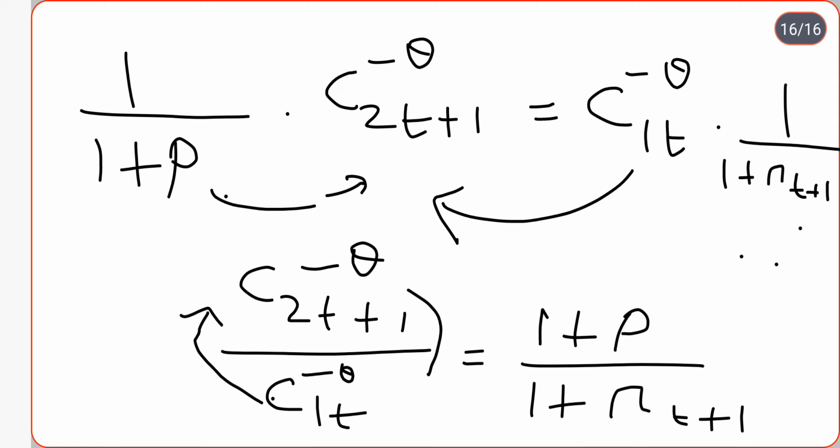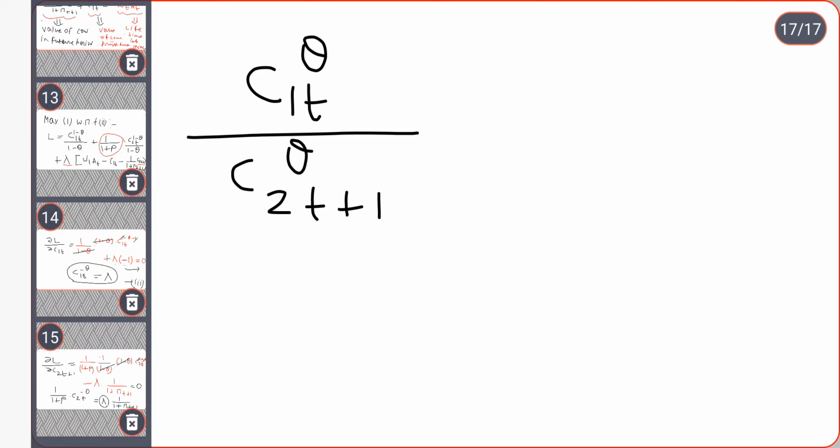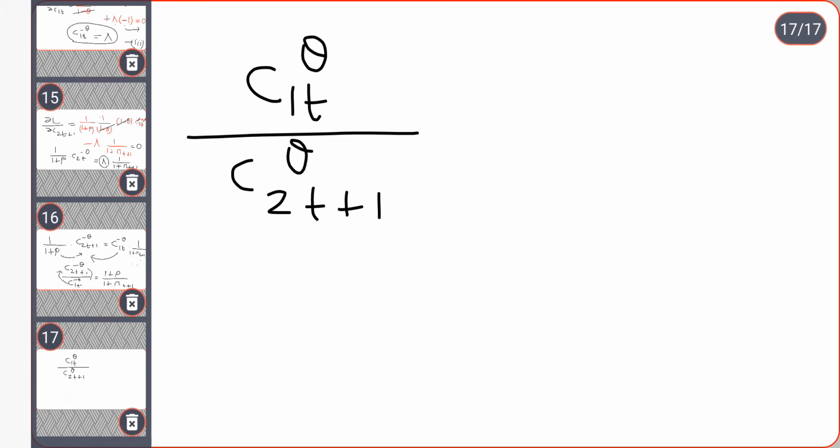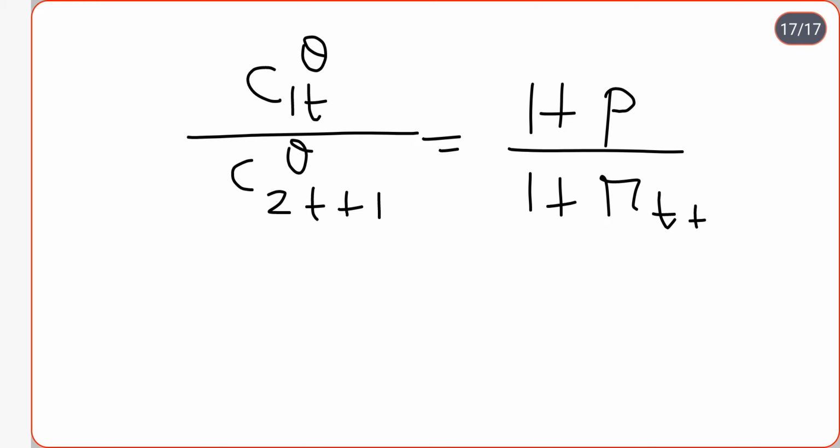Now if I do this, then it becomes c1t to the power plus theta divided by c2t plus 1 to the power plus theta. And on the right hand side, we have 1 plus rho divided by 1 plus rt plus 1.